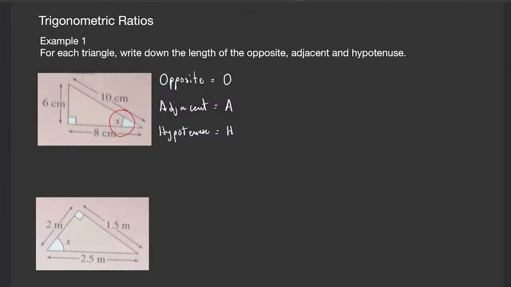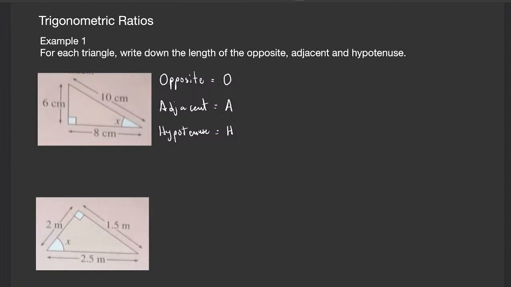And in this example, this is X. So if we're looking for the opposite, the adjacent, or the hypotenuse: if we're looking for the opposite and adjacent, it is with respect to this angle X. If we're looking for the hypotenuse, then we will be looking for the position of our right angle. Now, let's see if we can determine the opposite, right? So we're looking for the opposite.